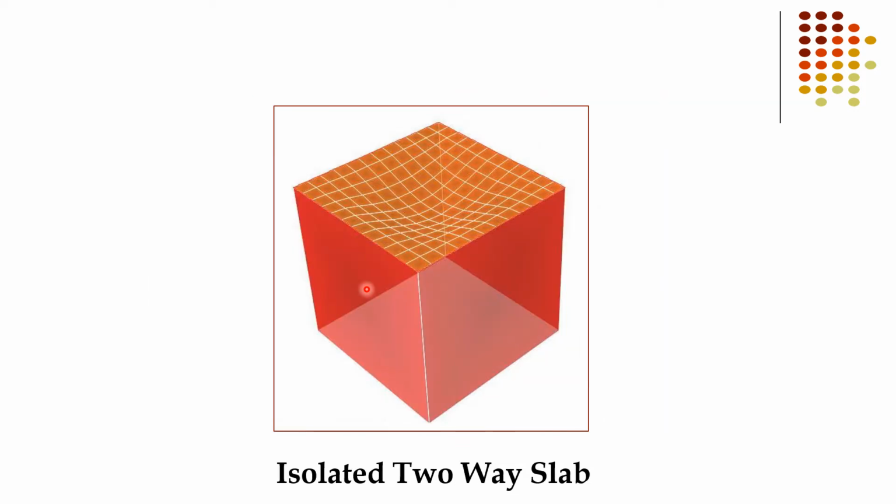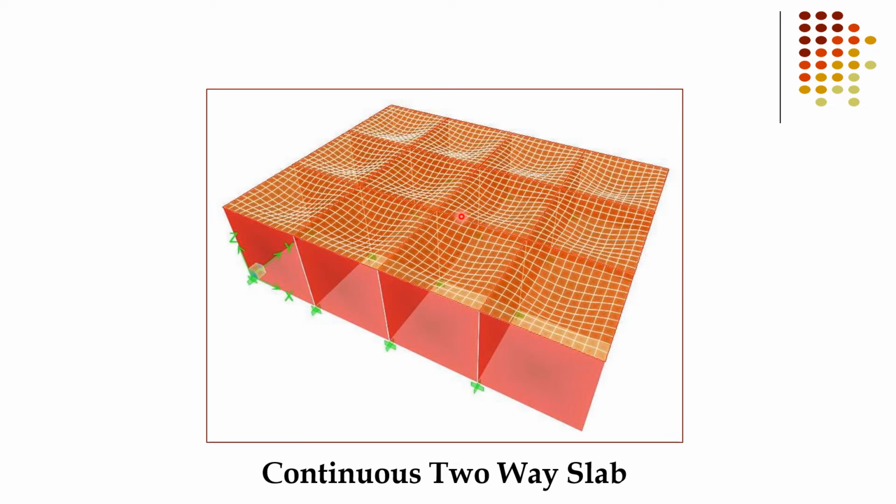Okay, so now let's see the two-way slab. This is an isolated, meaning single, two-way slab. In the two-way slab, the load transfers on all sides, meaning on all four beams. You can see the distribution. The distribution is just like homogeneous, or it will transfer to all beams.